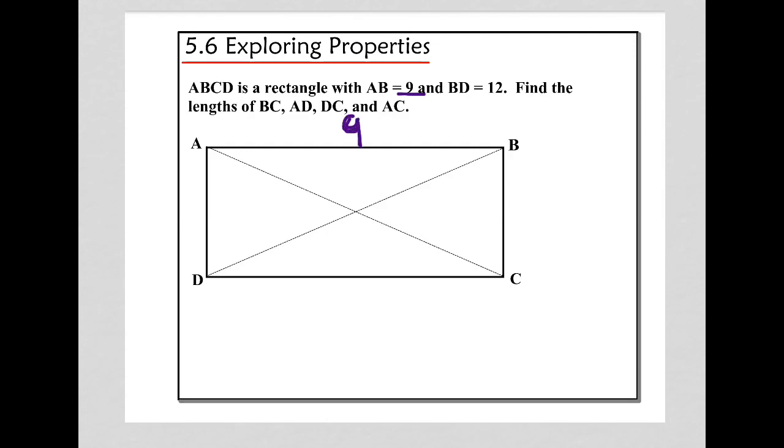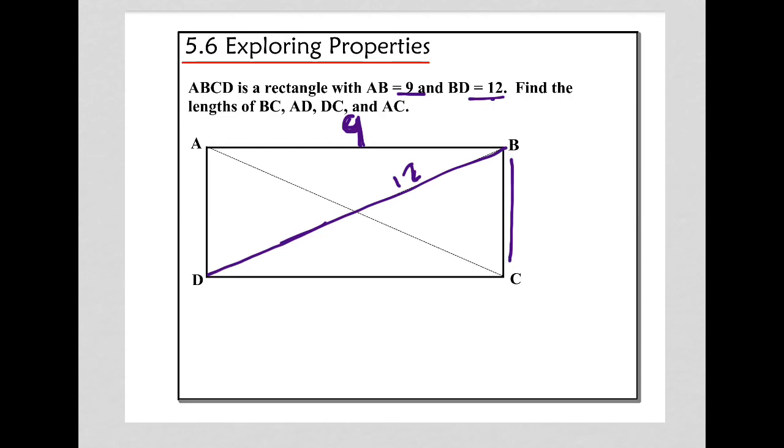Okay, that's a 9, I promise. And BD is 12. So our diagonal here, the whole length of this diagonal, is 12. I want to find the lengths of BC. Okay, I want this length here.